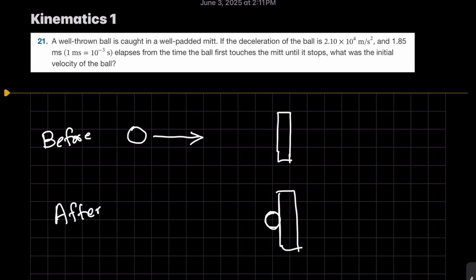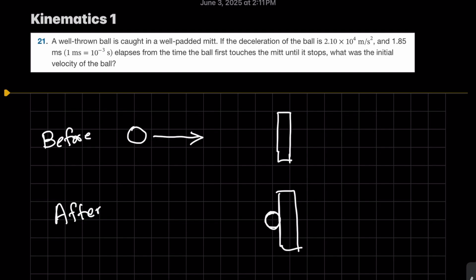Think of it as it has a certain speed and it changes from something to zero, because it's moving initially and then it's not. So it has some velocity or speed. Let's keep using speed, and it stops, right? So it has zero speed after some time has passed.